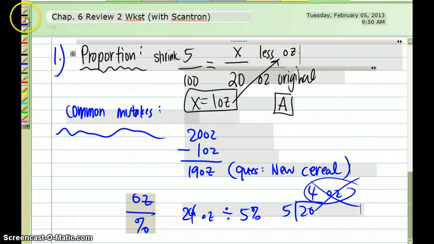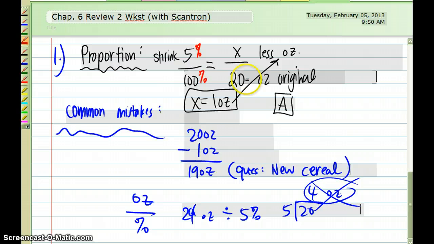When you look at the proportion, it does just that. It's a percentage and a percentage, and then an ounce and an ounce, so you'll see that the measurements are lining up here. So we don't want to make the 19 mistake or the 4 ounce mistake here.